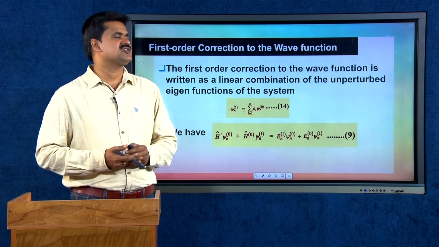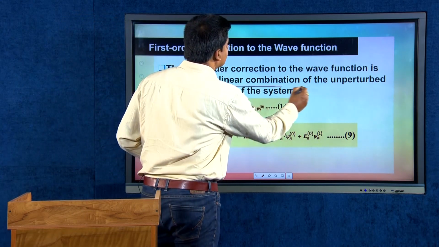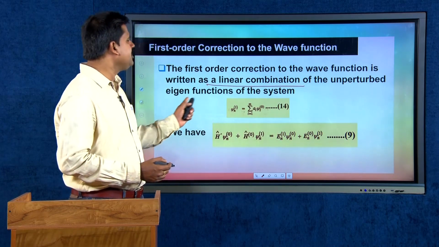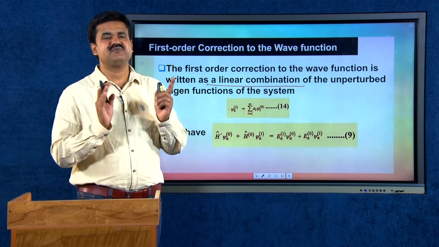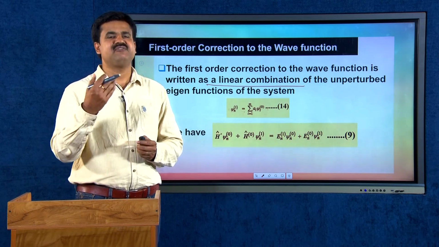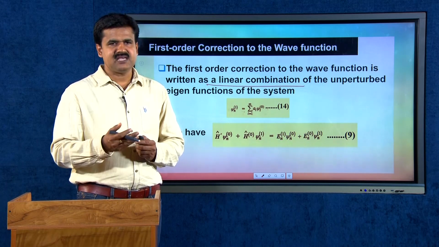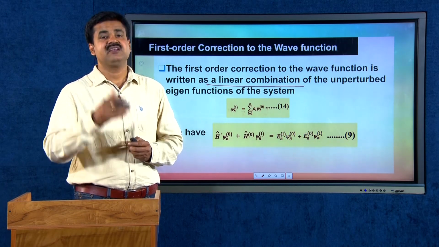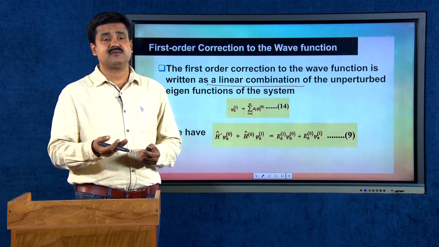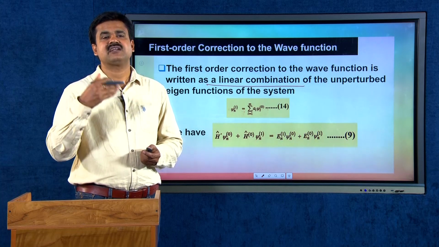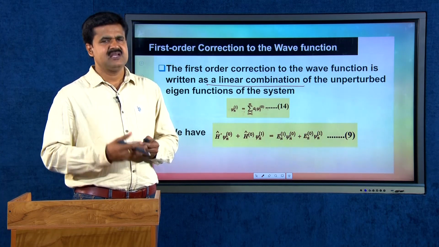In first order correction, the wave function is written as a linear combination of unperturbed eigenfunctions of the system. This point is very, very important. We need a wave function, and that wave function must be a linear combination. A linear combination of what? A linear combination of unperturbed wave functions, or unperturbed eigenfunctions, of the system.